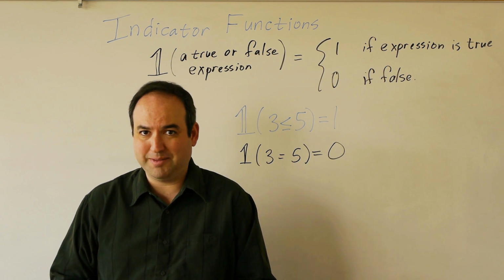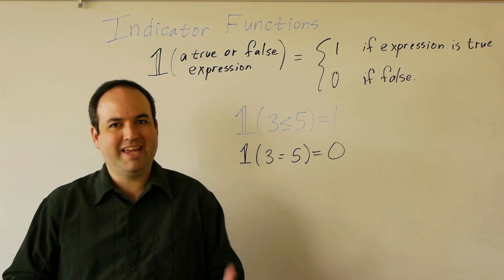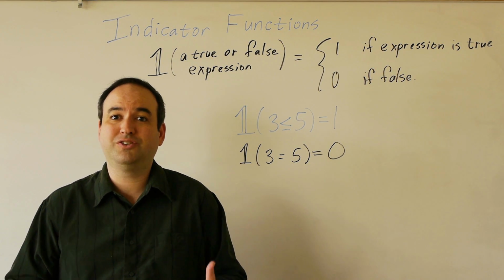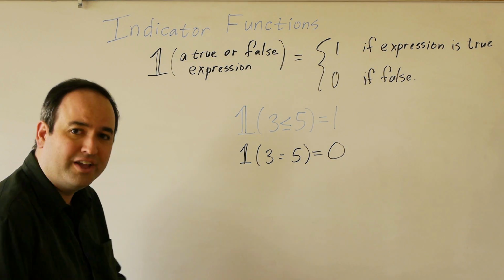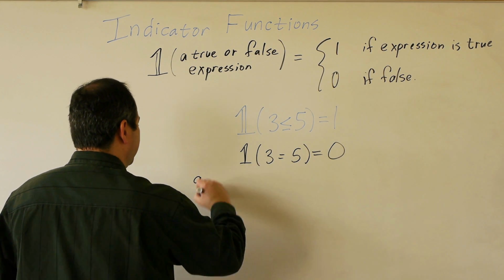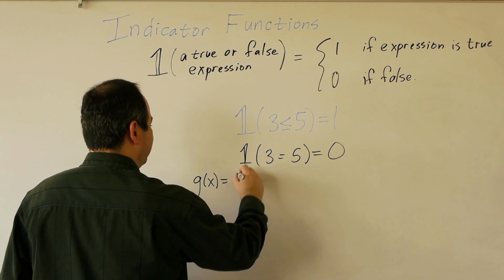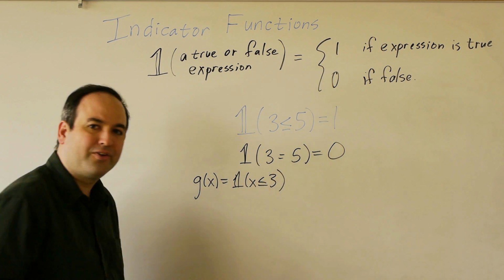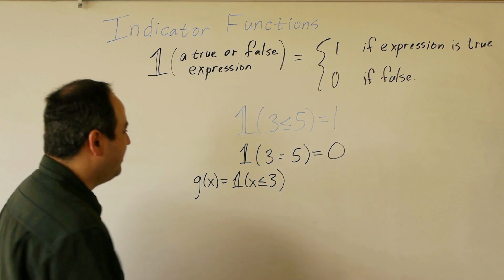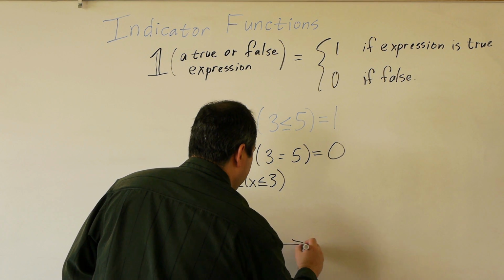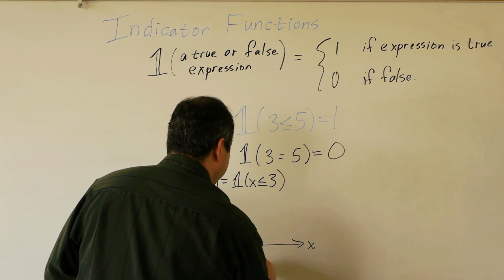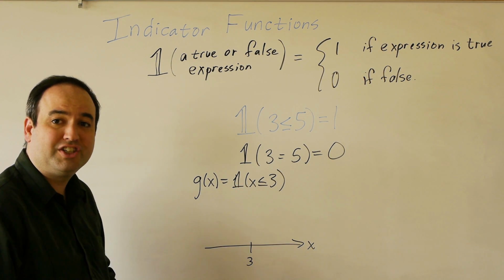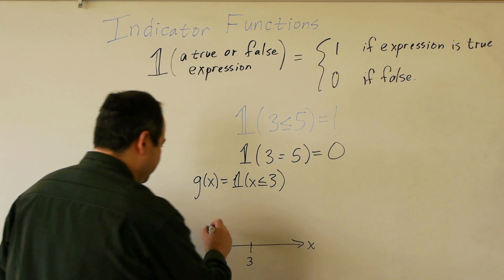Now, when we take the indicator function and give it an argument, it turns into a function that we can graph. So for instance, if g of x is the indicator that x is less than or equal to 3, then for values of x which are less than 3, the indicator function evaluates to 1.